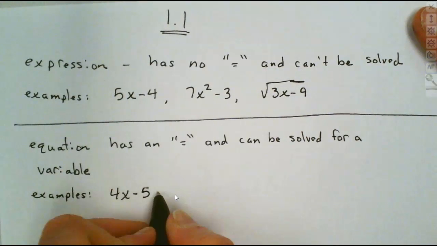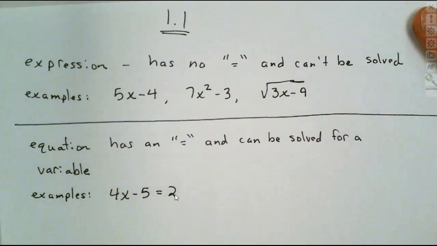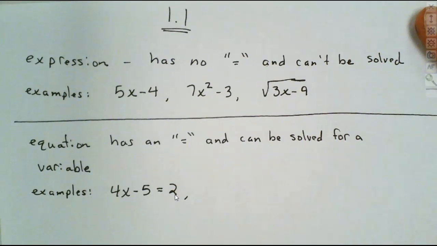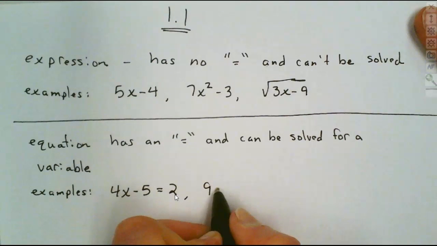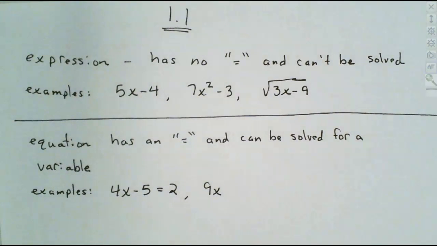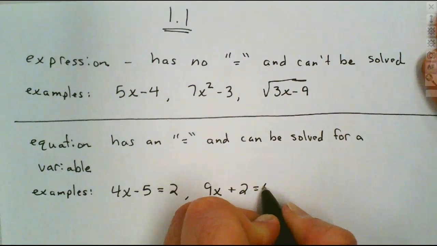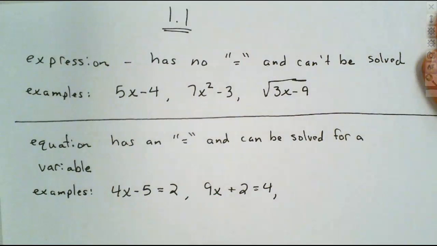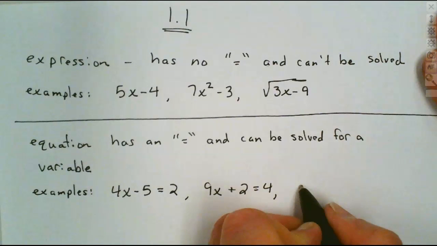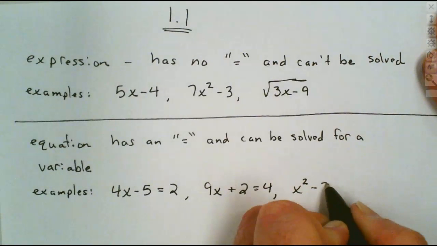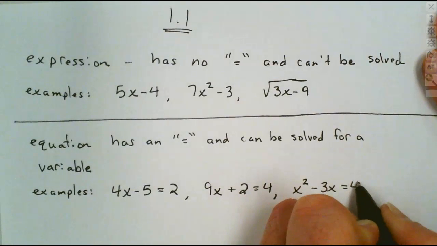4x minus 5 equals 2. That's an equation, and we can solve it. 9x plus 2 equals 4. That's an equation, and we can solve it. X squared minus 3x equals 4.